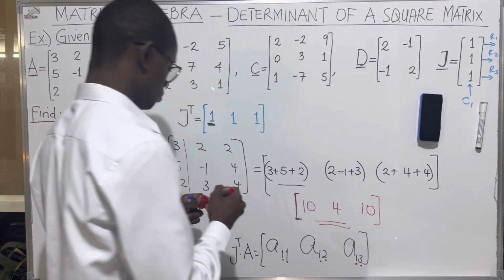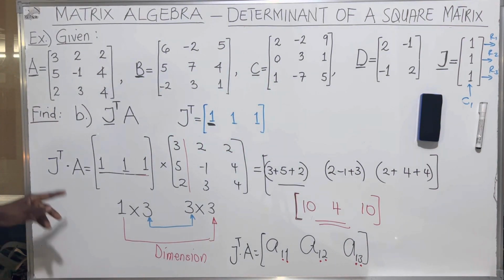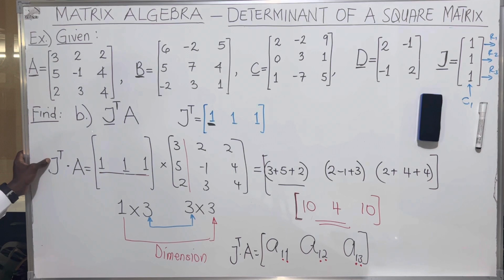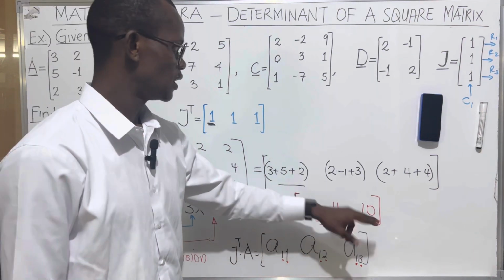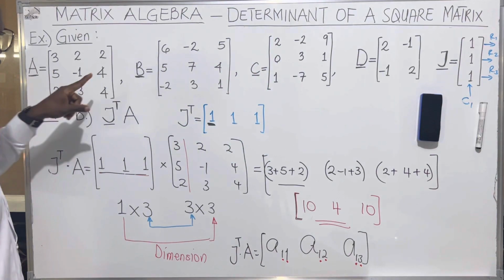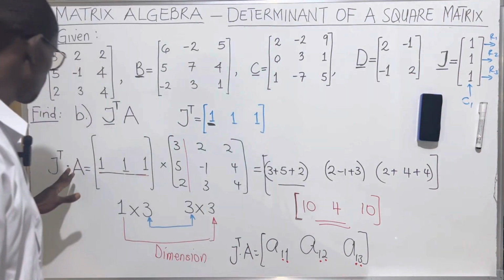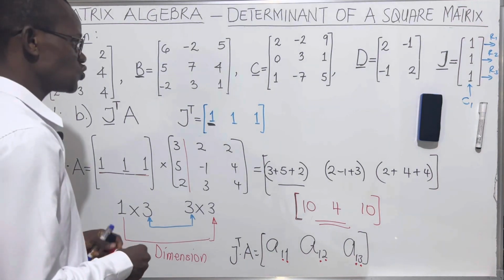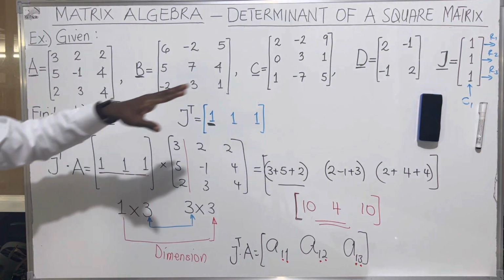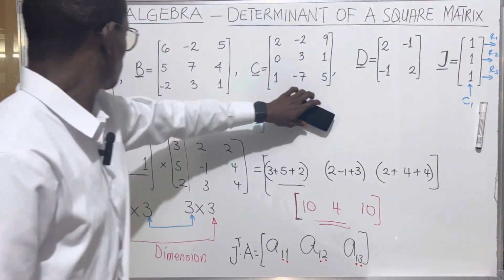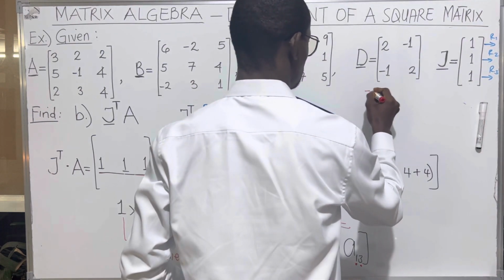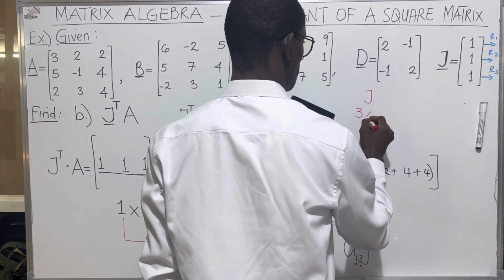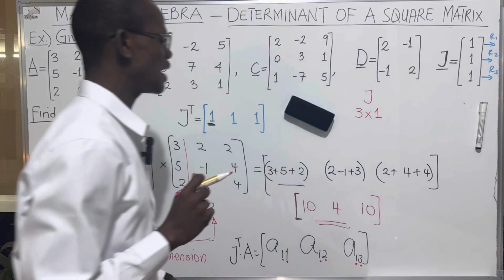So the multiplication of J transpose times A is just equal to 10, 4, and 10. If you were to just say J, instead of finding the transpose first, you just went straight to multiplying matrix J by matrix A. Matrix J has 3 by 1 dimension.